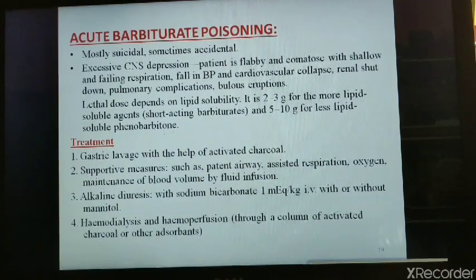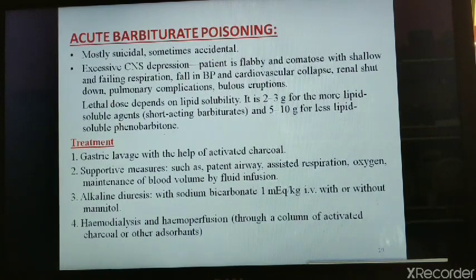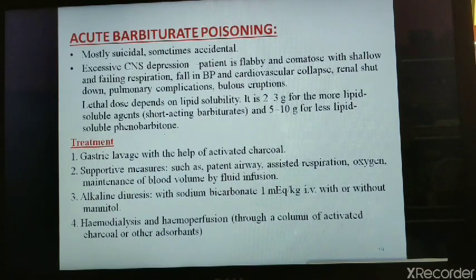Now, overdose of barbiturates may cause acute barbiturate poisoning. This may be suicidal or sometimes accidental. It causes excessive CNS depression. The person feels flabby and comatose, and the respiration decreases.